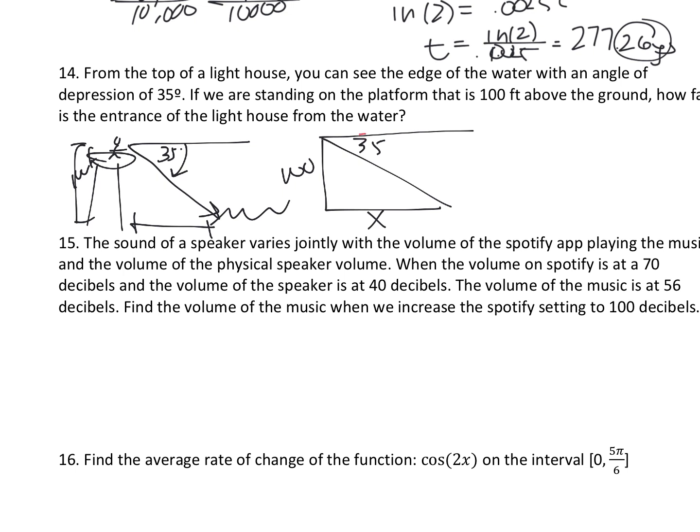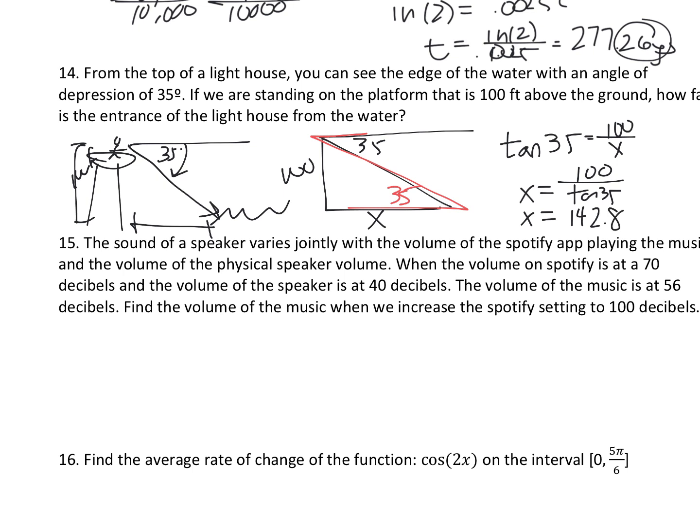And so if we just use alternate interior angles, we can see that this is also 35. So tan 35 equals 100 over x. X equals 100 over tan 35. And so when I calculate that value, I get 142.8. This is in feet.